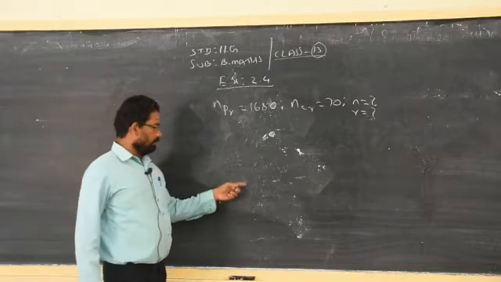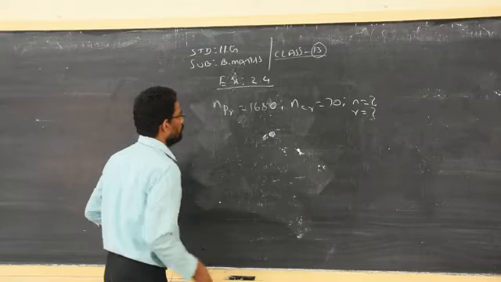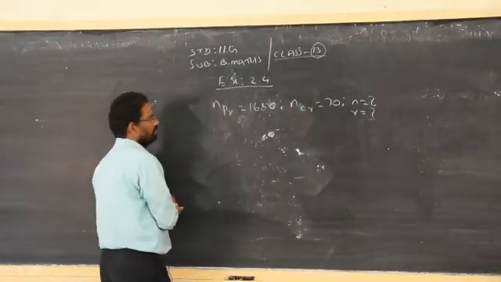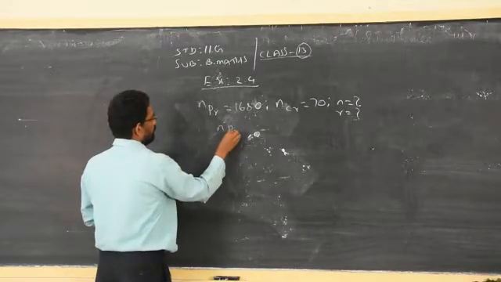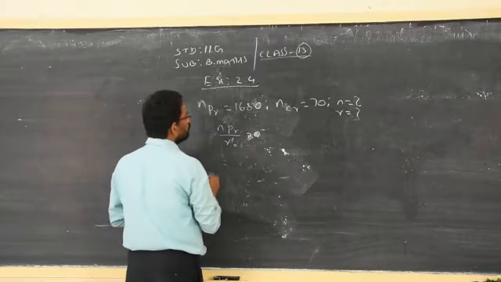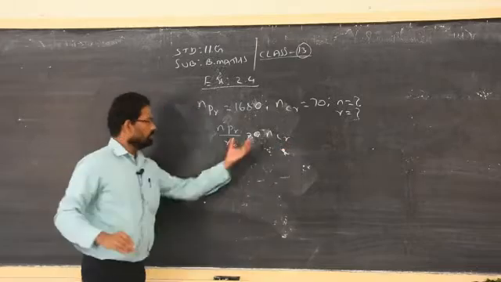So just now I gave two formulas. Based on the two formulas, you are supposed to find N and R. So there is a relation: NPR by R factorial will give you NCR.